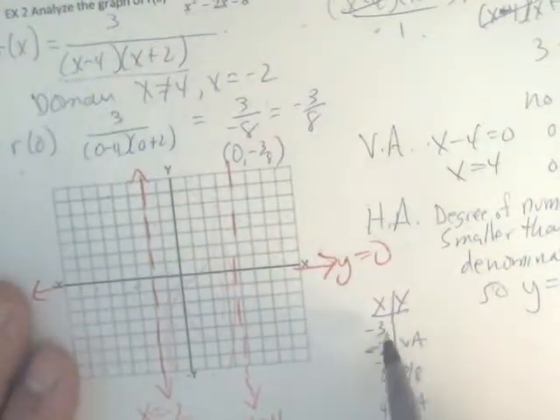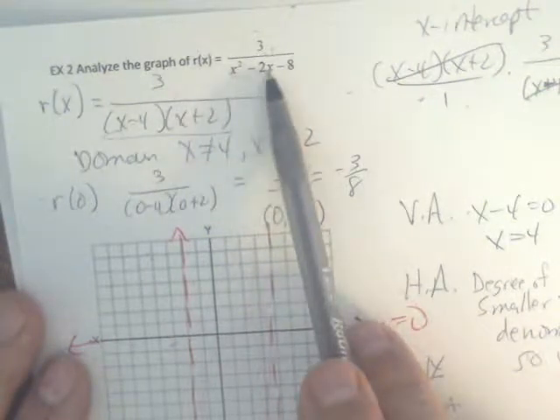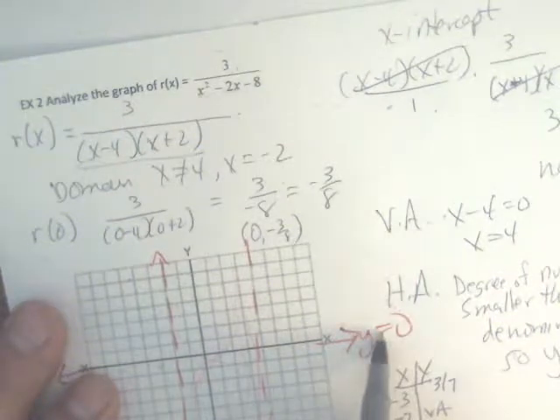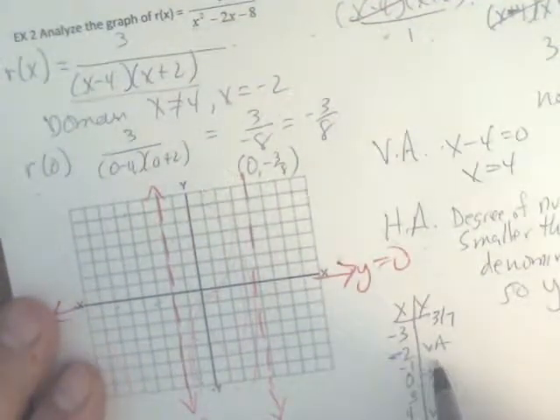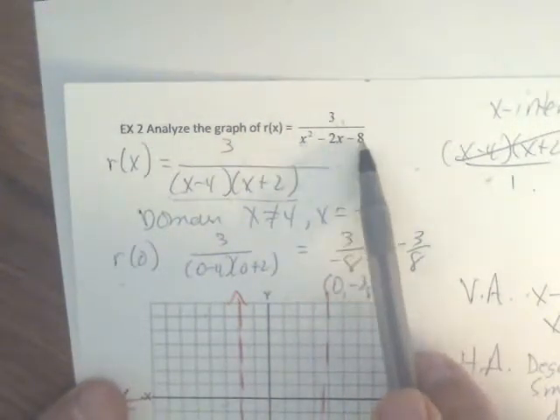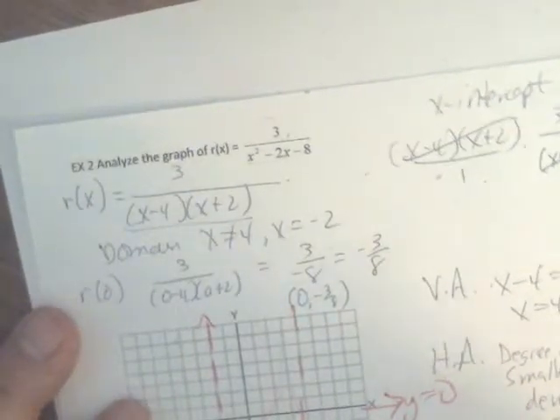So if x is -3, that gives me 9 plus 6 is 15, minus 8 is 7. So this is 3/7, and again, it's above 0. So that's above the horizontal asymptote. When x is -1, that's +1 plus 2 is 3 minus 8, -5. So this is, oh boy, -3/5.